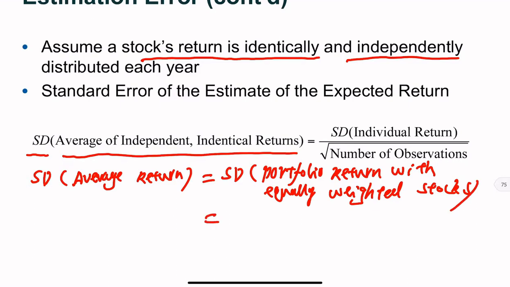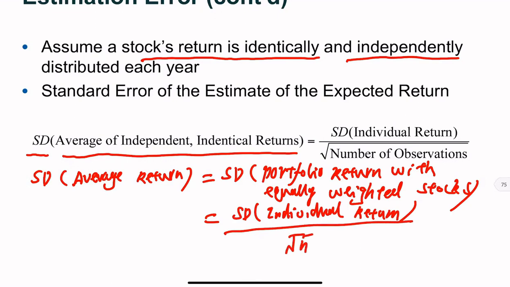The standard deviation of this portfolio's return is just the standard deviation of a single stock's return divided by square root of the number of stocks, right? So that's why you could get this formula on this page. And you can see that this actually is quite nice. It basically tells you that if you're estimating returns, the error of your estimation will be smaller if you have a higher number of observations, right? Okay, that's for today's class.